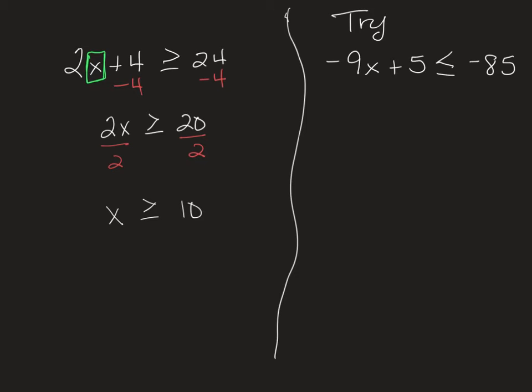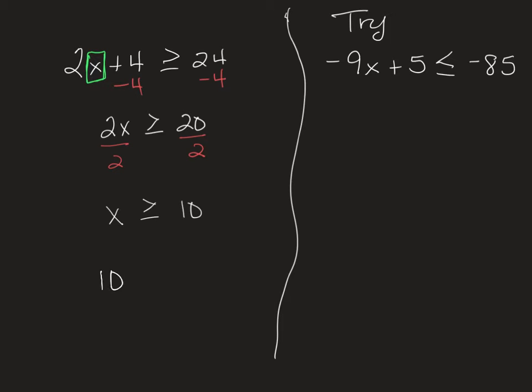I do a quick check, and I check my bottom number. It is not negative, what I divided by, so I'm going to leave my inequality by itself. So going back to my answer, I have x is greater than or equal to 10. Again, we're going to want to write this in interval notation. Since it says x is greater than or equal to 10, it's telling me that x is everything larger than 10.